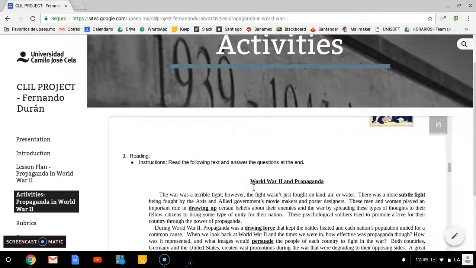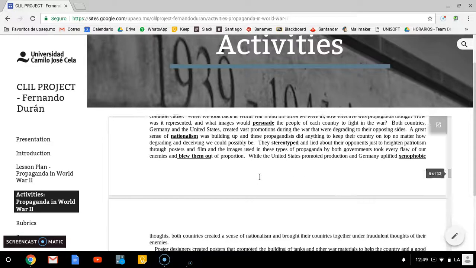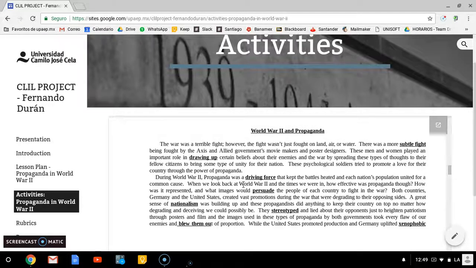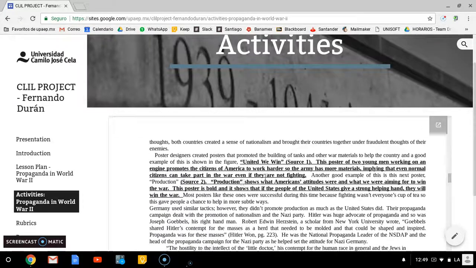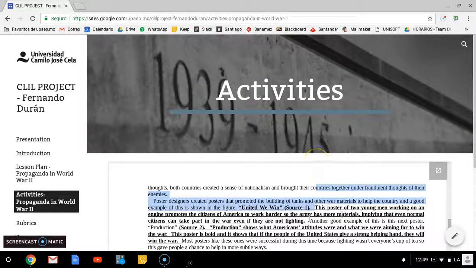Number three, reading. This is a more extensive paragraph, but we are highlighting some concepts that are important. Right here, for example, this is the author's primary source analysis. This will serve as a model, because in the following activities, students are asked to make a primary source analysis, and from here they can find a model.